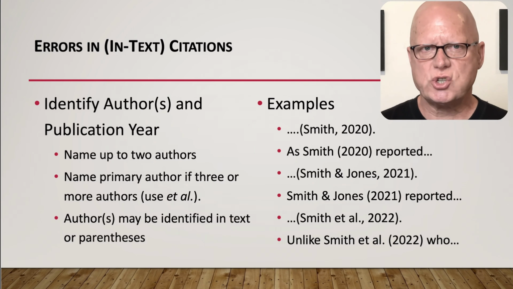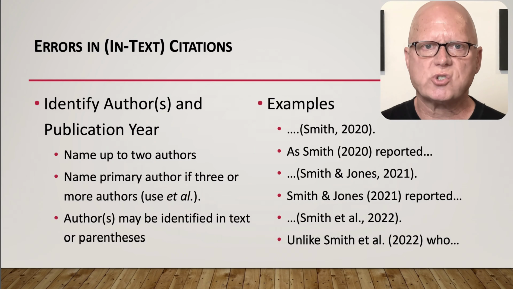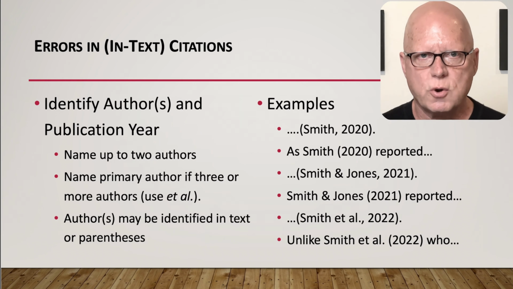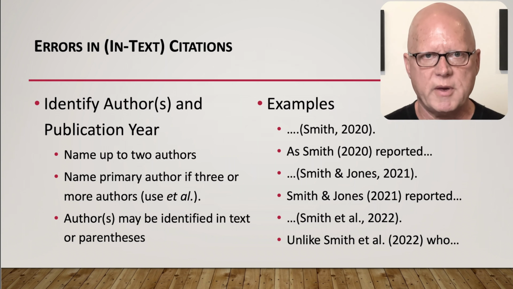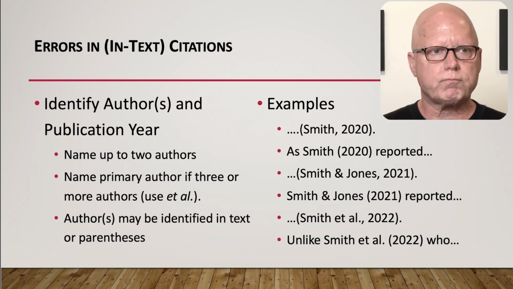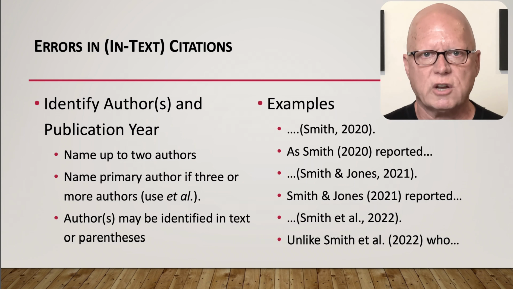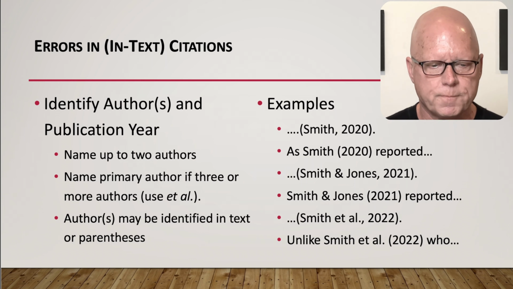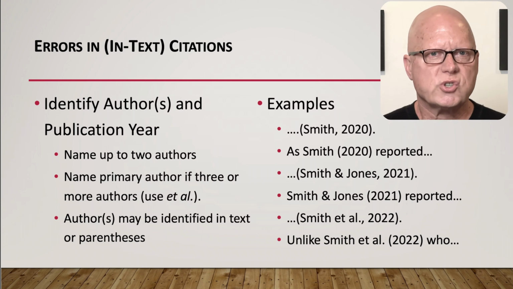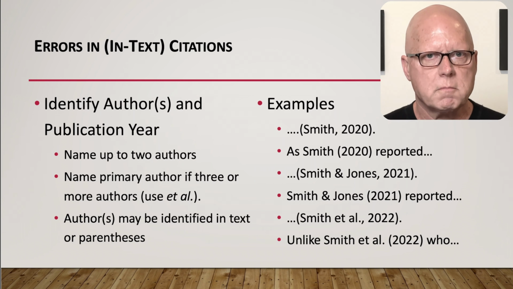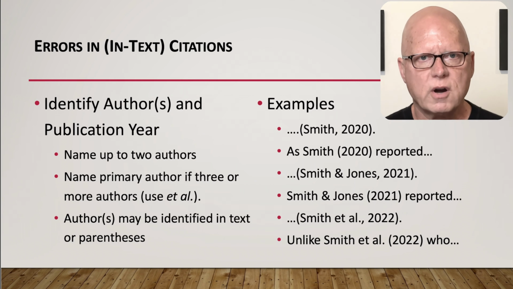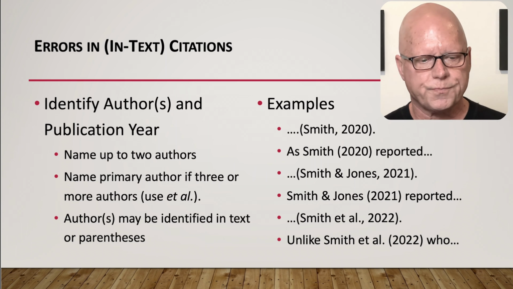A citation identifies the source of data that you have included in your paper as part of the argument that you're presenting. You're telling the reader from where particular data came. Now, the source of data might be a single author, 2 authors, or even more than 2 authors.